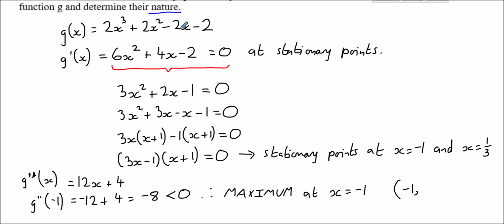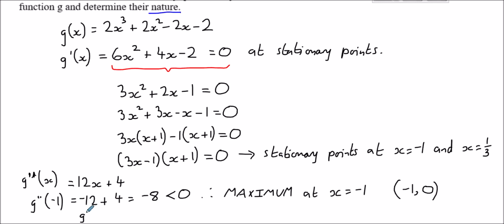Minus 2 lots of minus 1 gives us minus 2, so minus 2 gives us plus 2. And then minus 2. So that's going to be equal to 0. So it's going to have a maximum where x is minus 1.